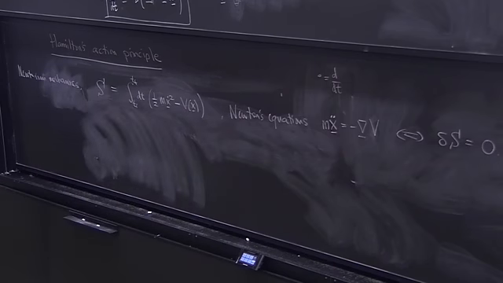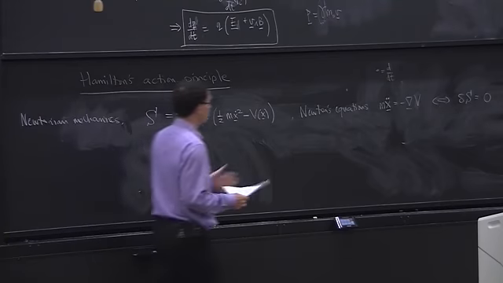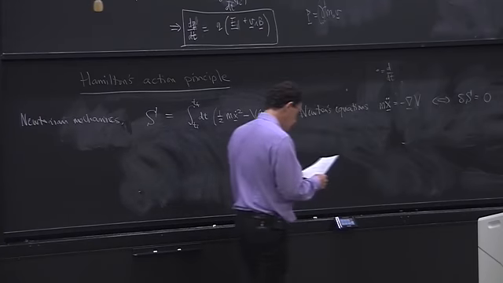So the variation of the action is 0 around classical paths, which are trajectories satisfying Newton's equations.